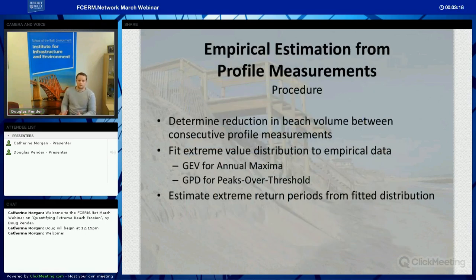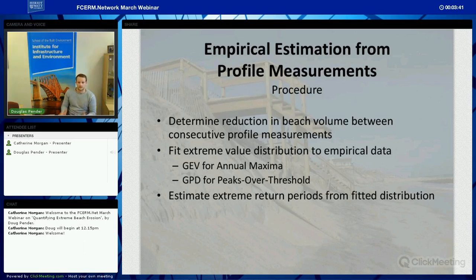The first and simplest estimation technique is making empirical estimations from the beach profile measurements. You have these long-term measurements of the beach profile, and from them you can determine the reduction in volume between consecutive profile measurements.